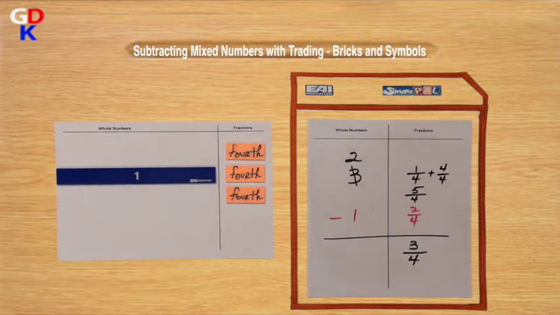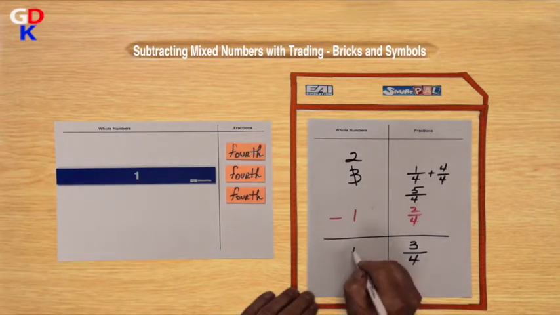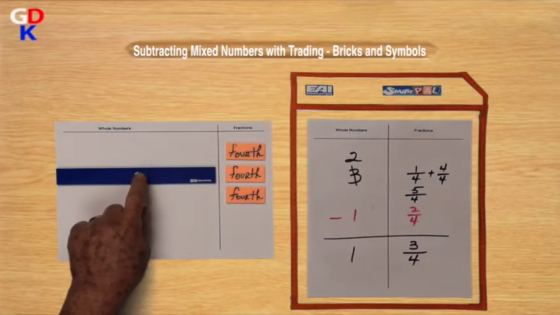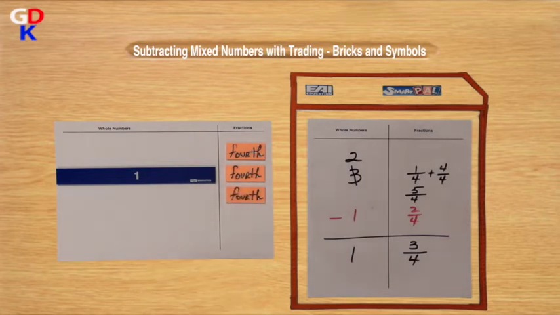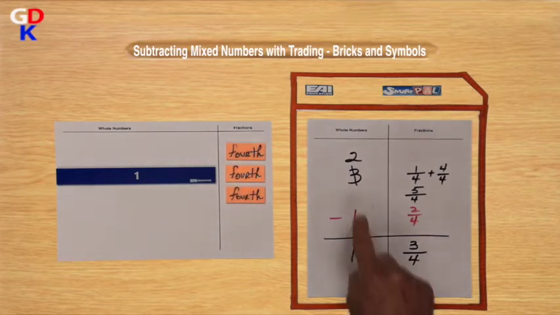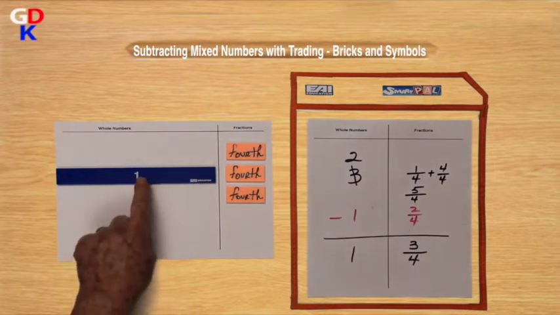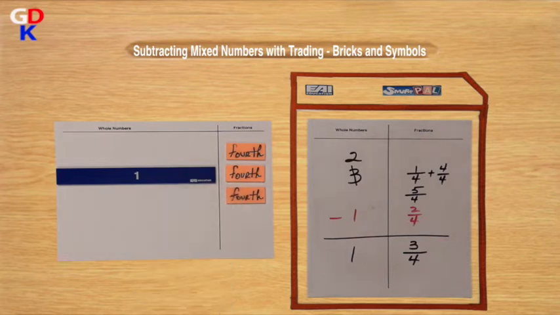That leaves me with 1, and I record that. So my answer is 1 3/4. So when I subtract 3 1/4 minus 1 2/4, my answer is 1 3/4. And the reason I can do that is I traded in one of my 1s for 4/4.